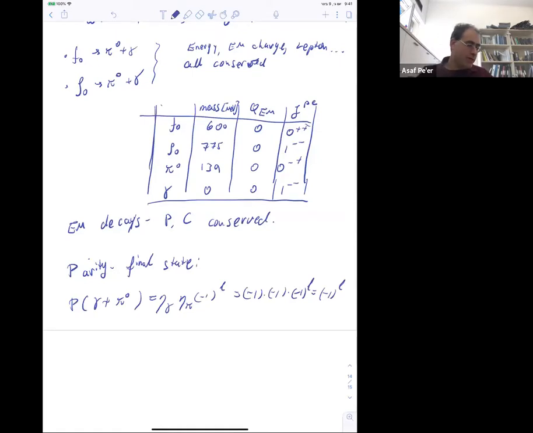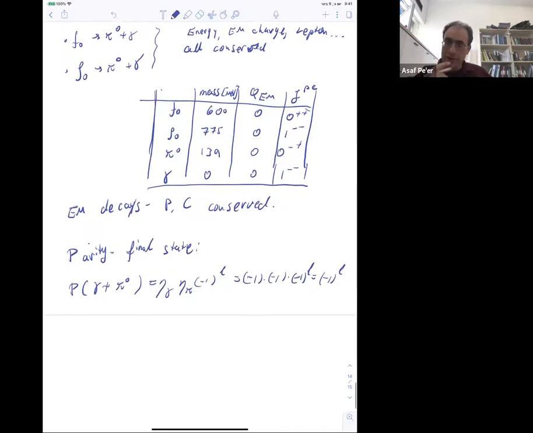Now look at the initial state. So for the initial state, we have to look at the table, right? What is P of the F particle? It's written here in the table.